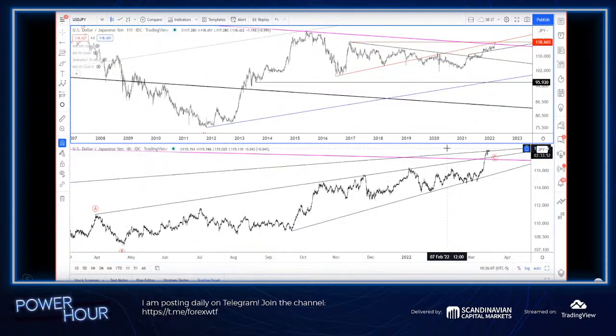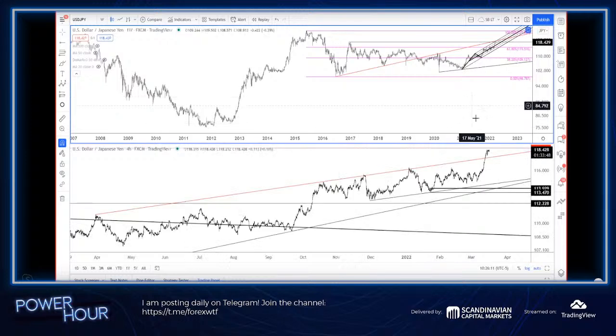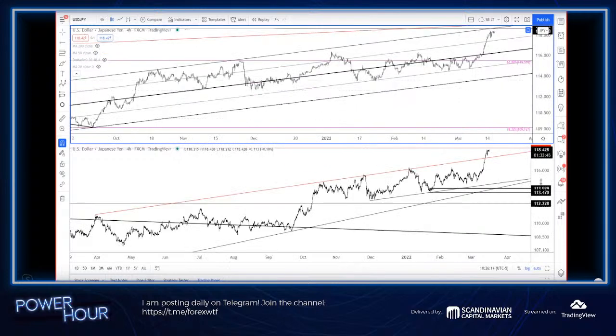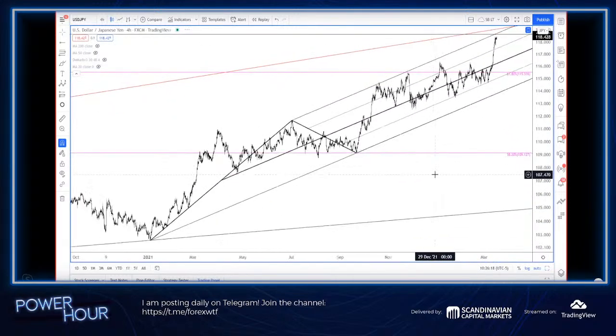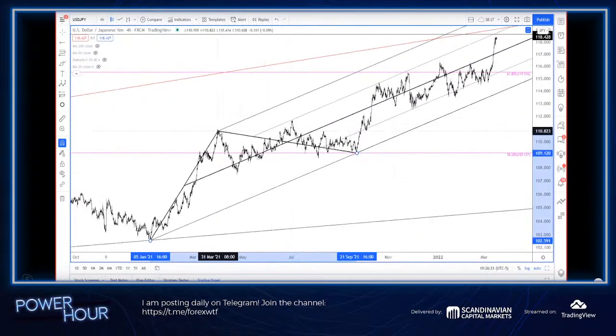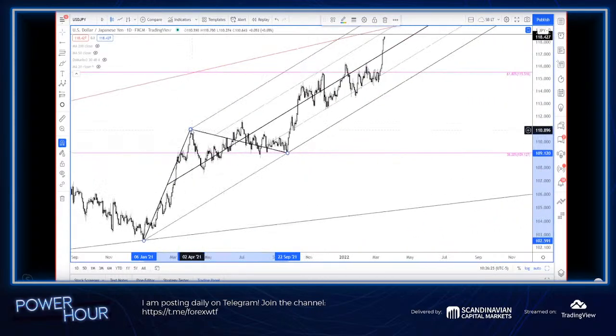As far as trying to time an entry, go to a shorter term chart here. Actually, let's go to a daily. So this is a channel.